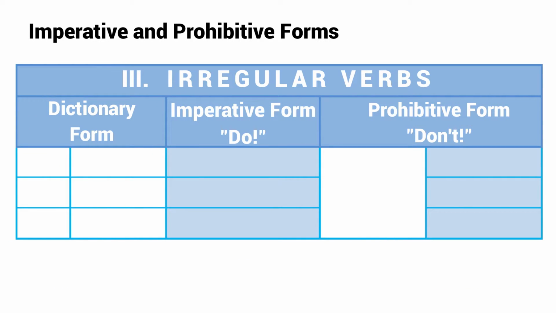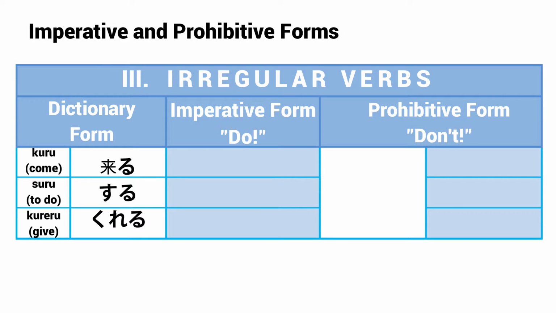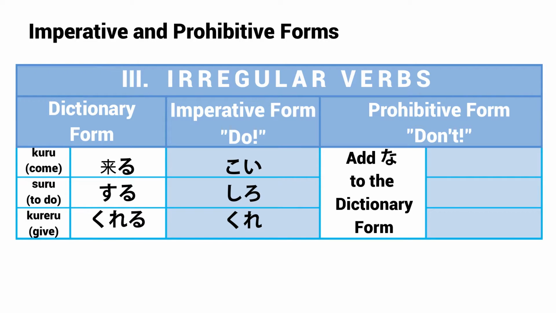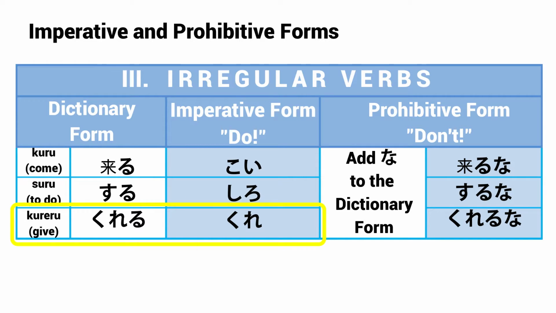For irregular verbs, kuru becomes koi and suru becomes shiro. And the prohibitive forms are kuruna and suruna. Note that the verb kureru, or to give, is included in this group as it conjugates differently to kure.